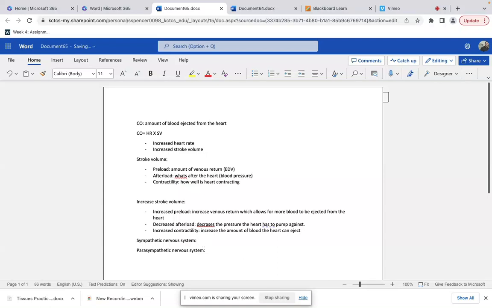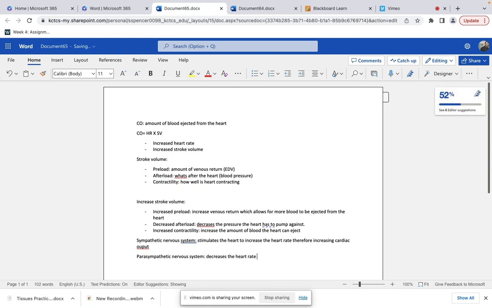So the sympathetic nervous system stimulates the heart to increase the heart rate for increasing cardiac output. Parasympathetic nervous system decreases the heart rate. Okay.